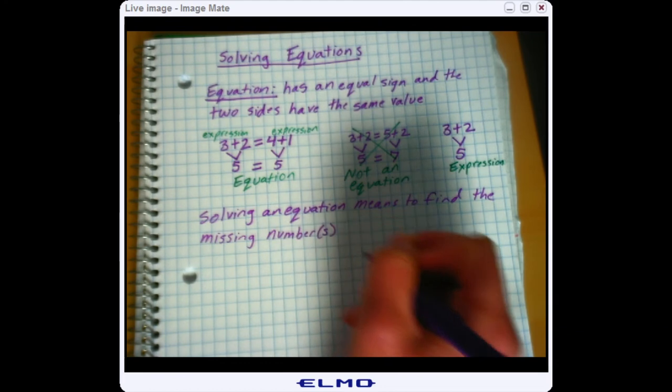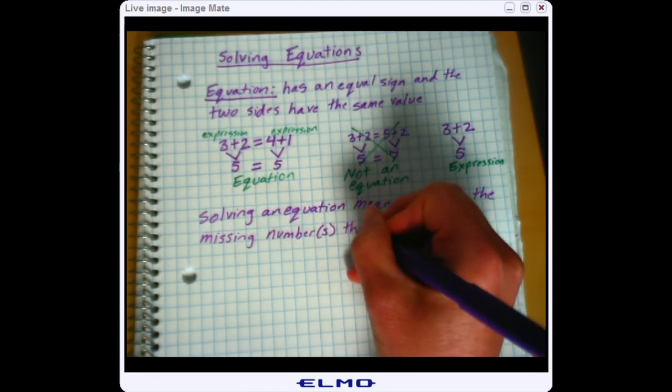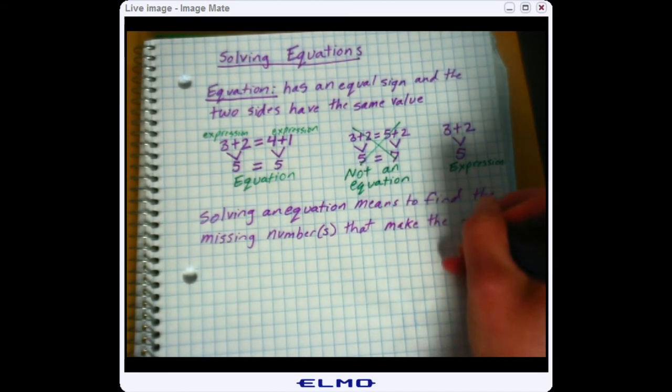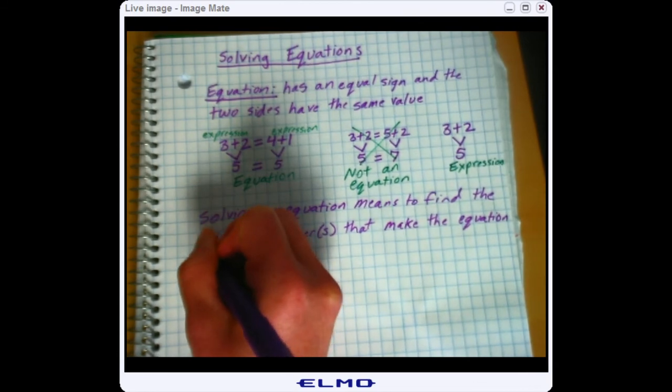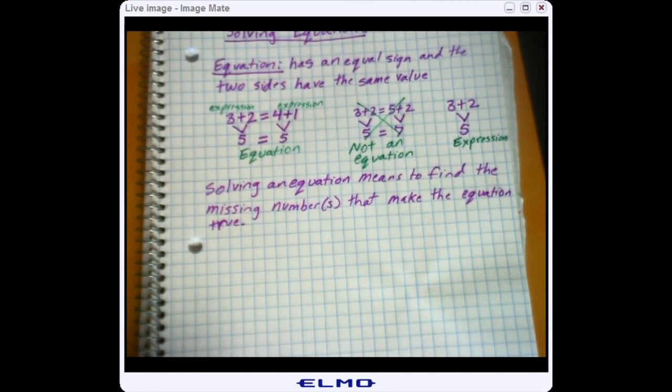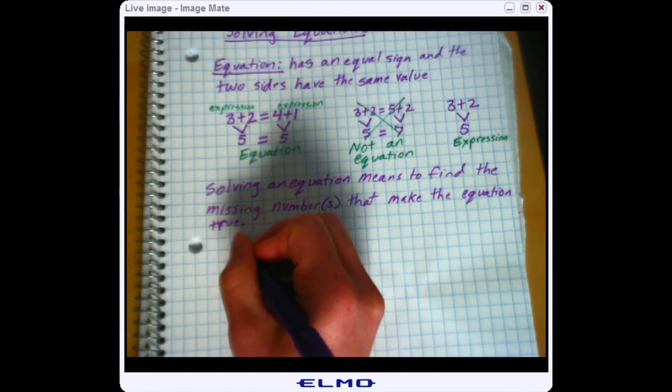So numbers that make the equation true. Okay, so that's what we mean when we talk about solving an equation. And you guys have done equations in the past, but we're just going to do a couple to make sure we're all talking about the same expectations here.